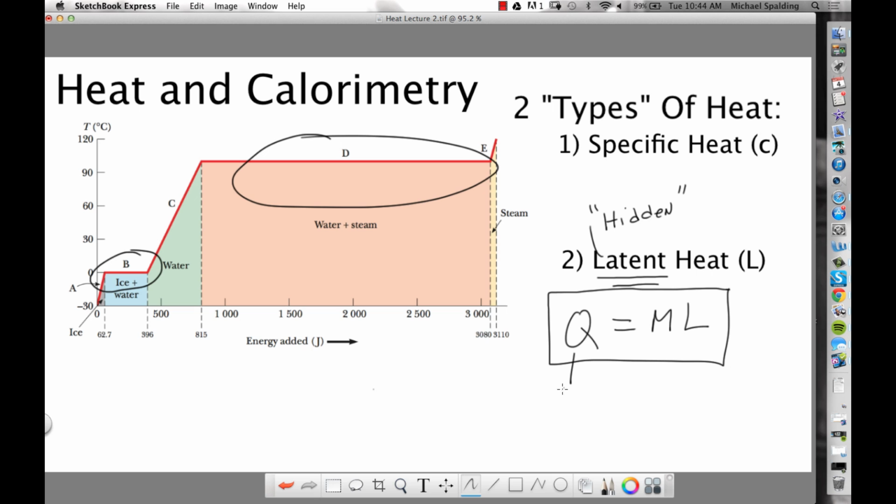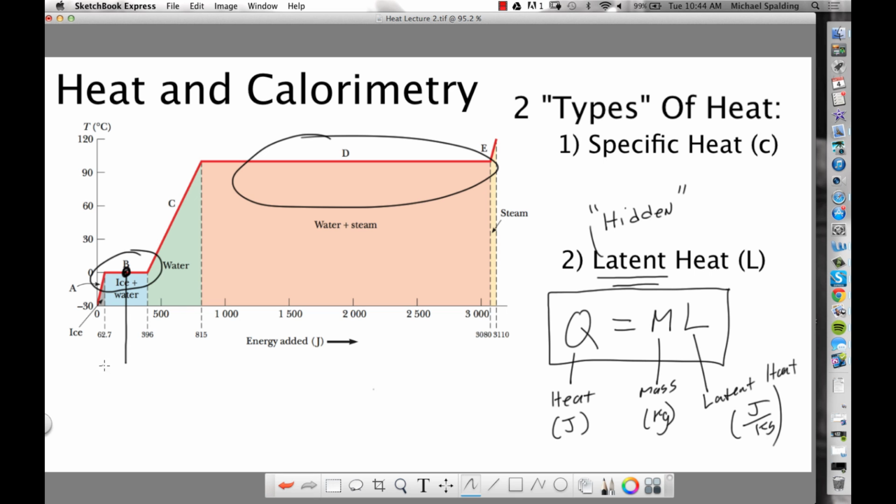So again, Q is heat energy, measured in joules. M is the mass, in kilograms. And then L is the latent heat, and it has unit of joule per kilogram. Okay? Now, for example, let's look at water again.